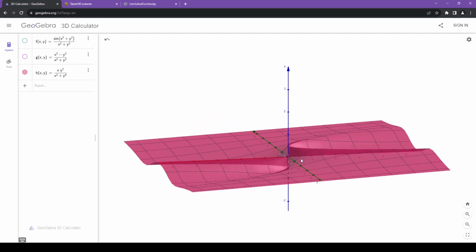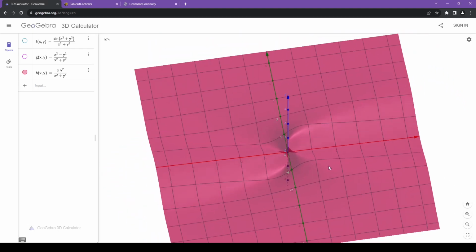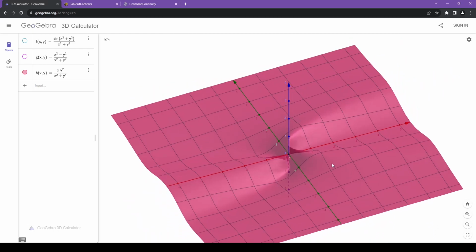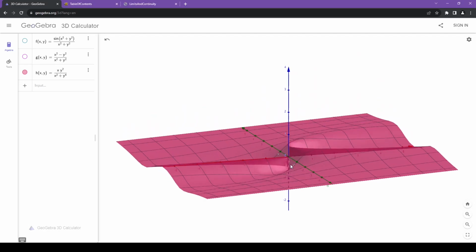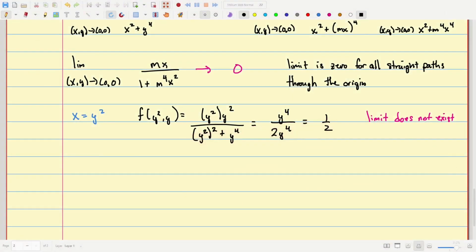Now we can see where the problem is, right? It's mostly 0, except you can find these parabolic paths that send you to different values. So you can find limits basically everywhere between -1/2 and 1/2, it looks like, by changing what path you choose. All right.